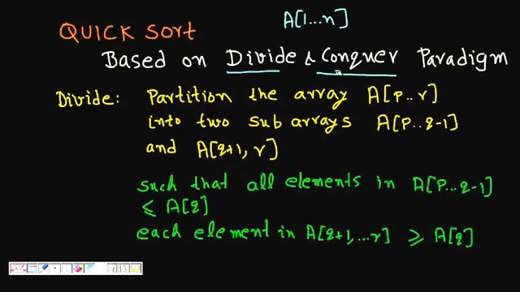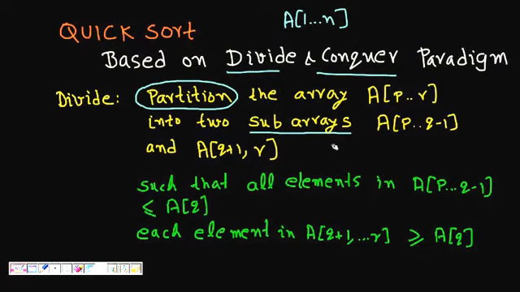So what is the divide part? This is the divide part. We partition the array A[p..r], which means the starting index is p and the end index is r. We divide this array into two sub arrays: one is A[p..q-1] and another is A[q+1..r].